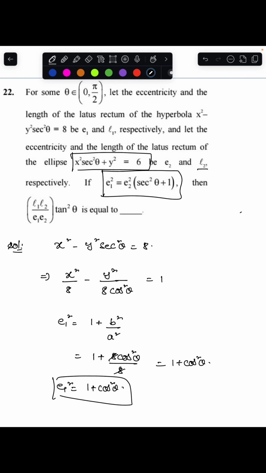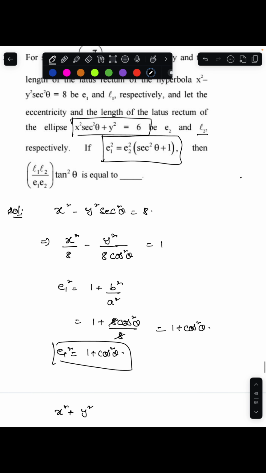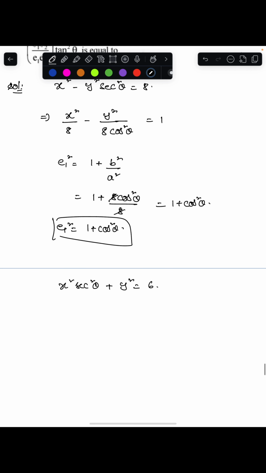So here, for the ellipse you can consider x square plus, what is given, x square secant square theta plus y square equals 6. So this is an ellipse.